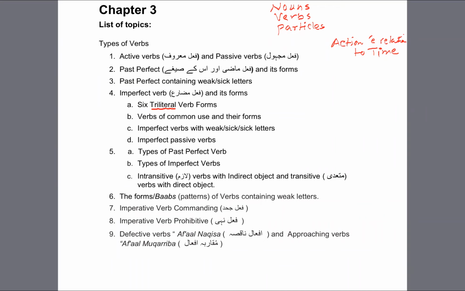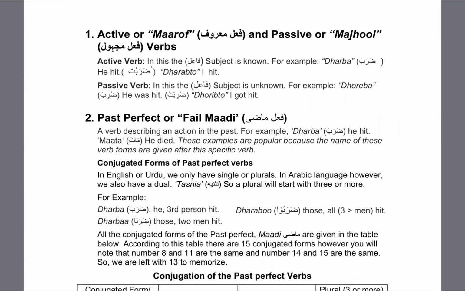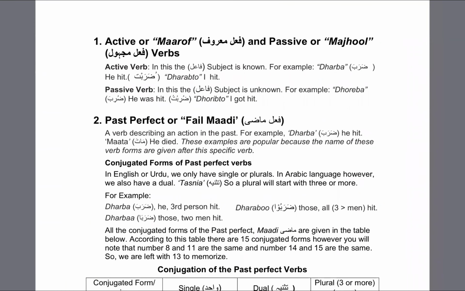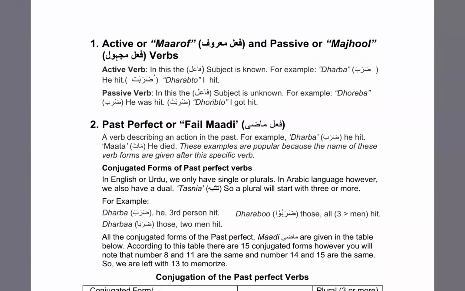So this is our classification. We'll go to the next page. Now, the first category we have is active or maruf. In Arabic, ayn, ra, and fa, 3 letters, are known as urf.